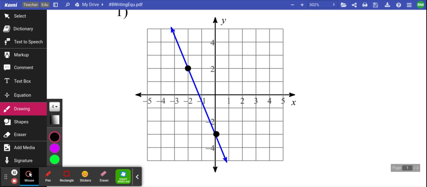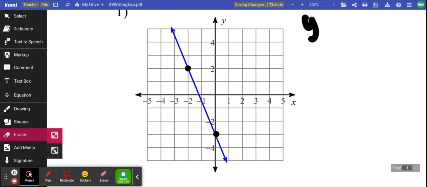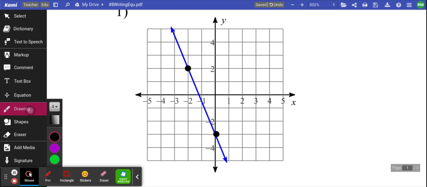So remember, when we're writing equations of lines, we need y equals mx plus b. So we've talked about how to find the m. We also need to find the b. So those are the 2 pieces of information that we need to fill out our, oops, that's way too big. To fill this out.